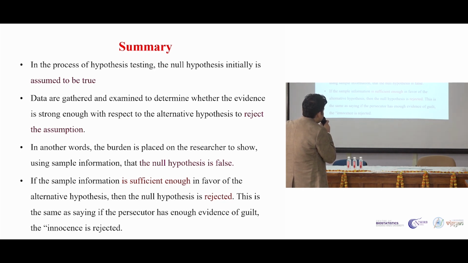In other words, the burden is placed on the researcher to show, using sample information, that the null hypothesis is false. If the sample information is sufficiently in favor of the alternative hypothesis, then the null hypothesis is rejected. This is the same as saying if the prosecutor has enough evidence of guilt, the innocence is rejected.